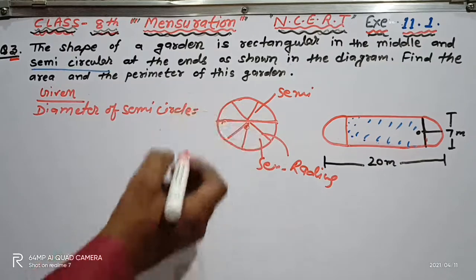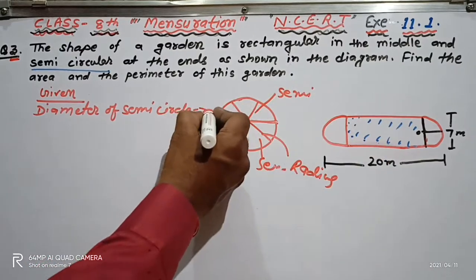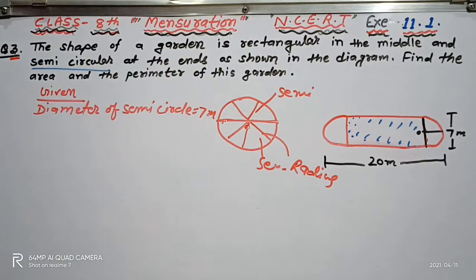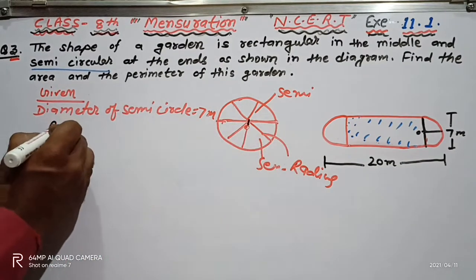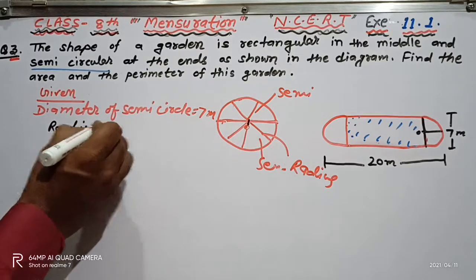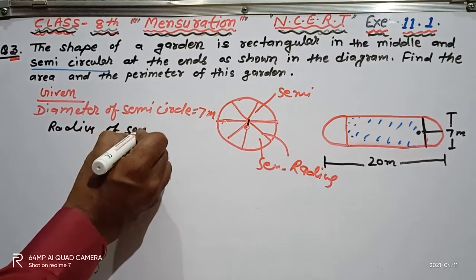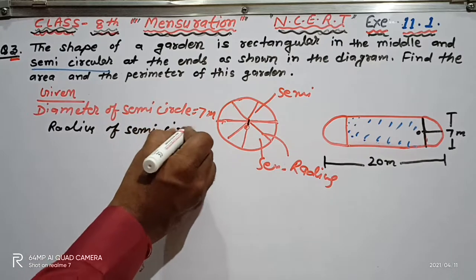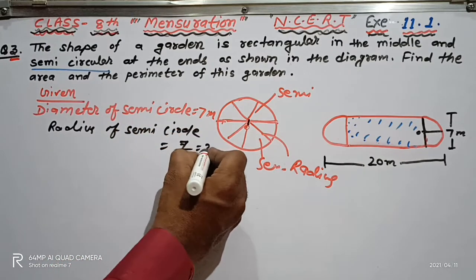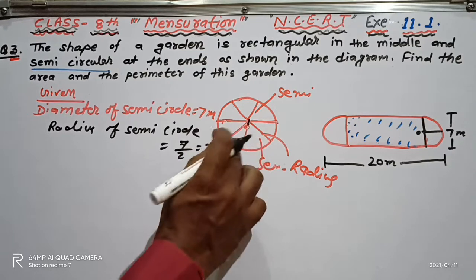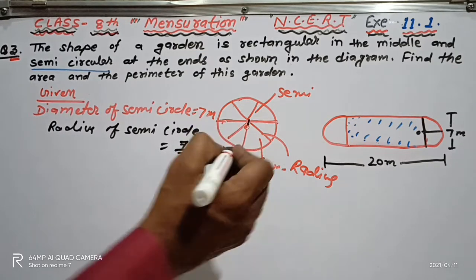That is called diameter, and it is given as 7 meter. Half of that is called its radius. So the radius of the semicircle will be 7 by 2, that means 3.5 meter.